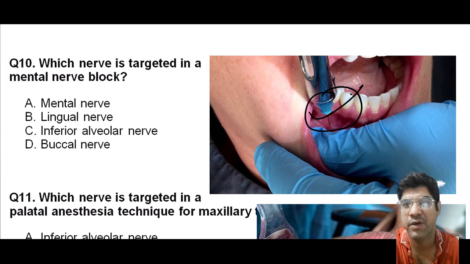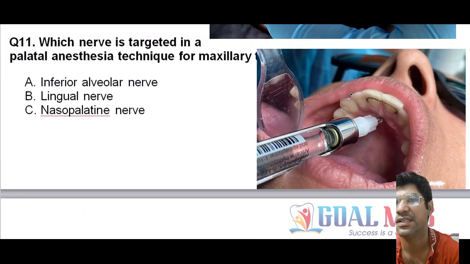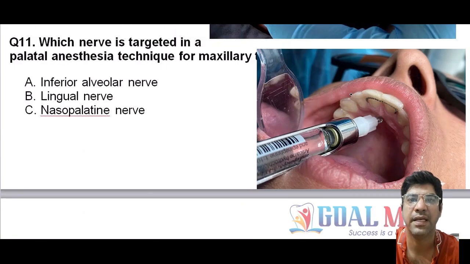The inferior alveolar nerve provides sensory innervation to lower teeth, gums, and lower lip, and it is not the primary target of the mental nerve block. The buccal nerve block provides sensory innervation to the cheek and buccal mucosa. So the answer is A.